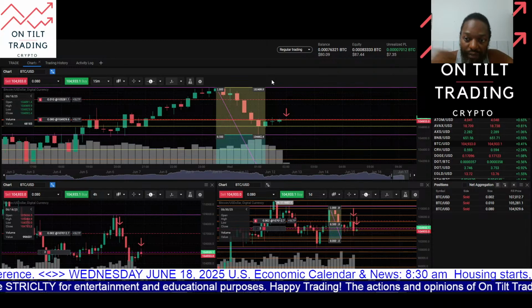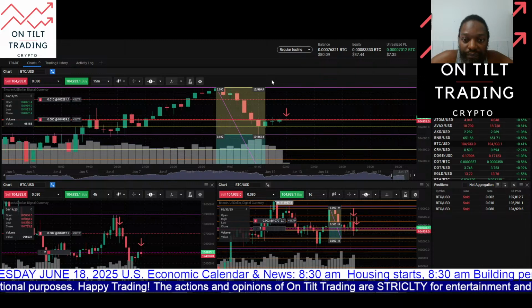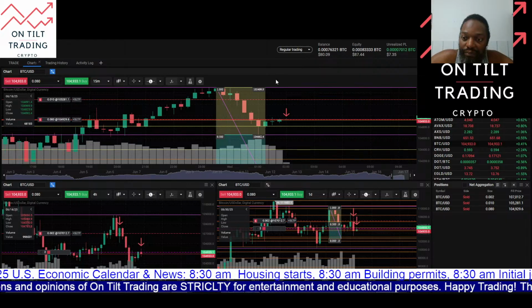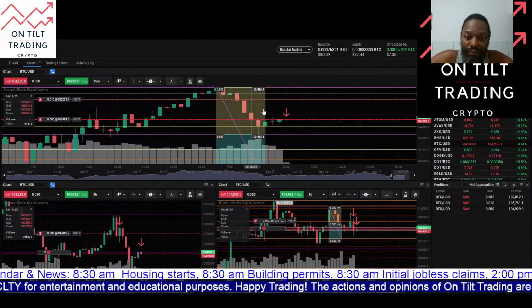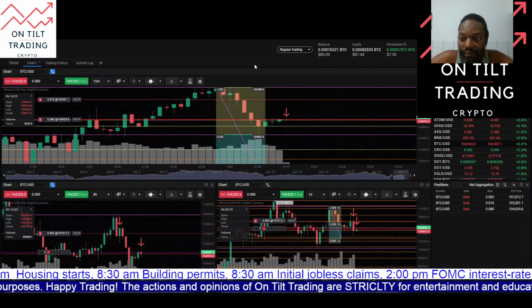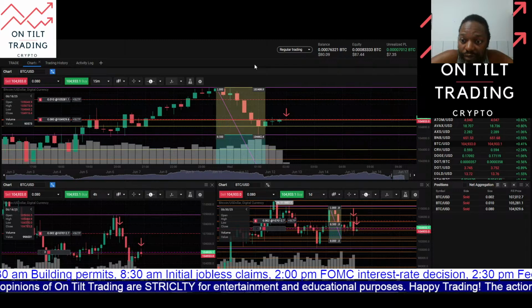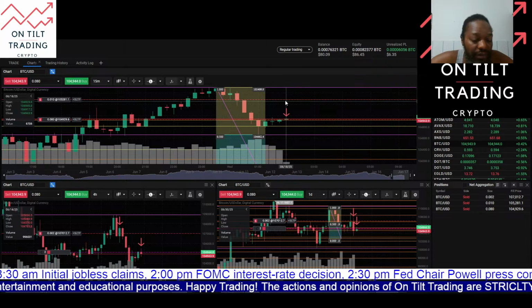Price is consolidating. High being 9468, low being, I believe, 17.2.